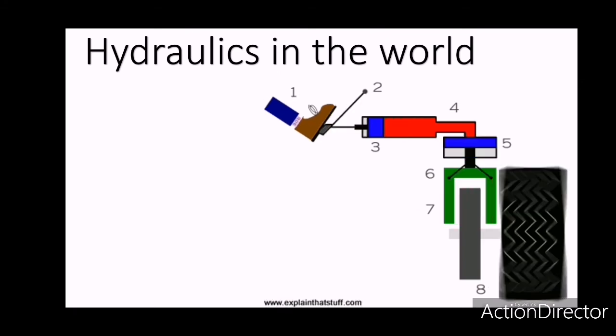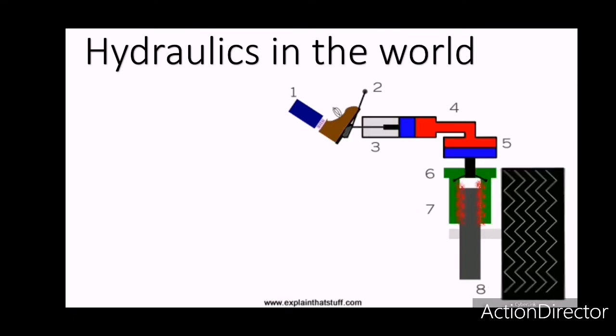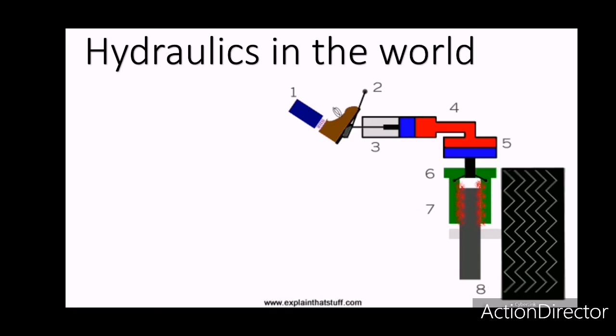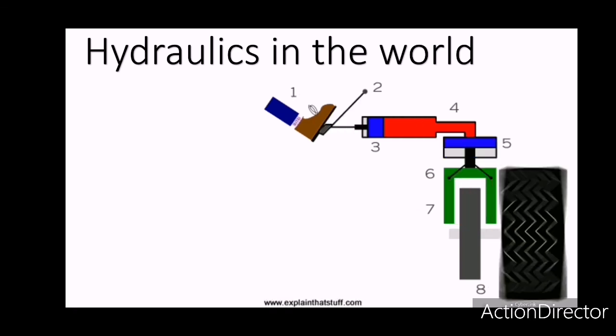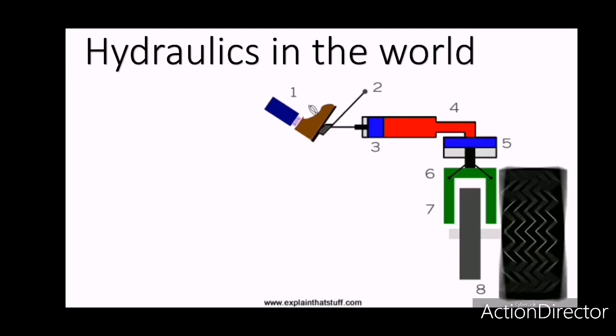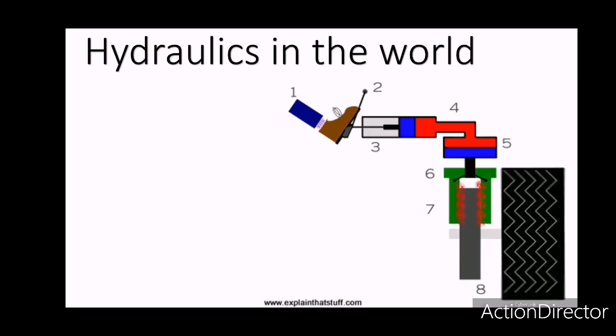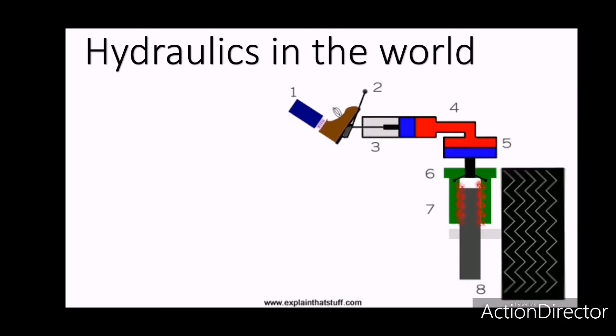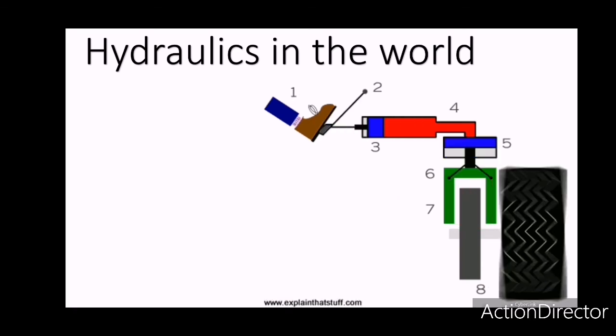If you had to stop the brakes with your foot without the hydraulic system, it would be impossible. But it feels so easy for you to press the brakes at 100 kilometers per hour because of the small syringe going to the big syringe, going to the wheel and braking it. So that's how hydraulics is used in the real world.